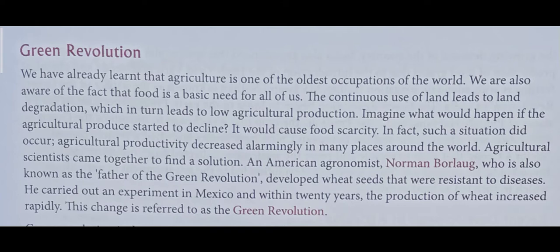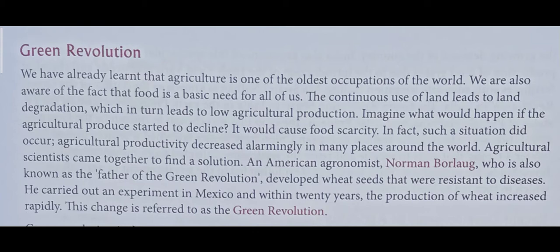Just imagine what would happen if the agricultural produce started to decline. It would cause food scarcity. In such a situation, agricultural productivity decreased alarmingly in many places around the world.